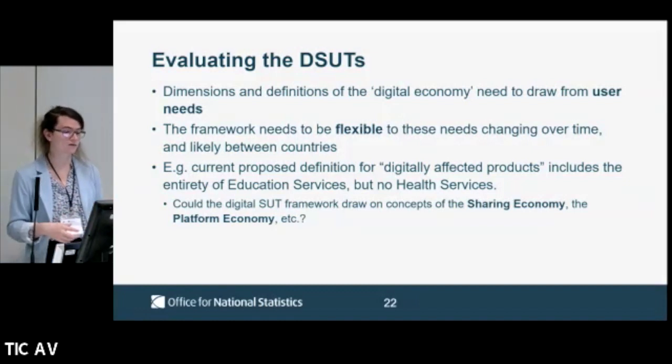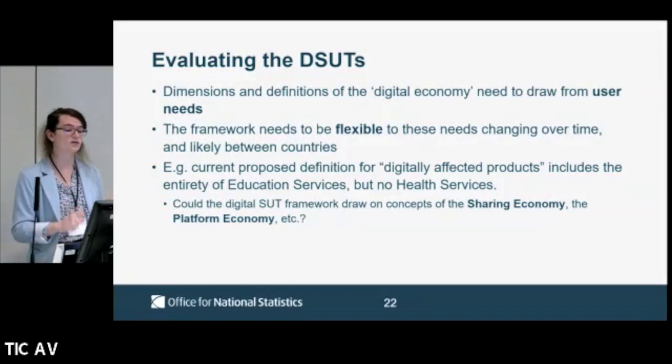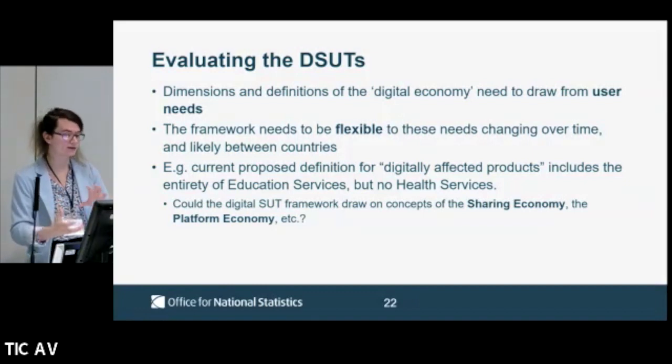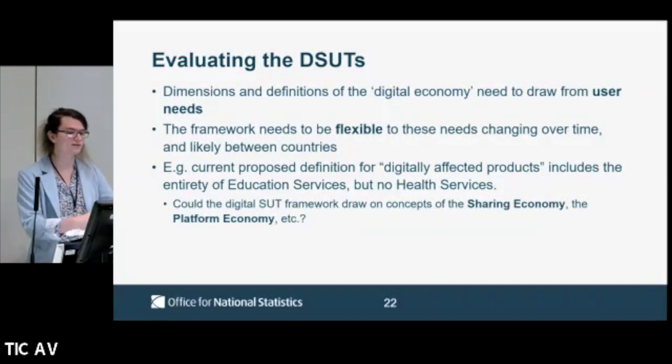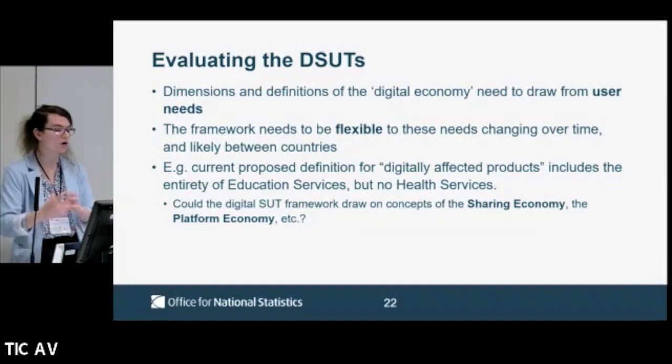So for us personally so far, what we're thinking about looking into is the potential for using the digital supply use framework as a framework where we could incorporate some of these for the short periods in which they're useful, having a core bit of the framework that will be constant and consistent over time. For example, the digital products that are consistent with the CPA categories, then also using it as a flexible framework to show how there are overlaps between these different competing concepts.